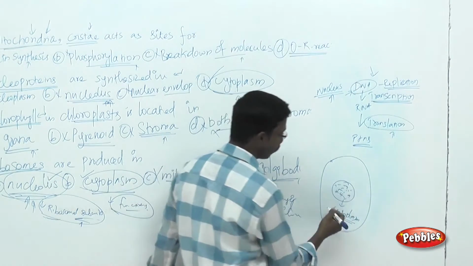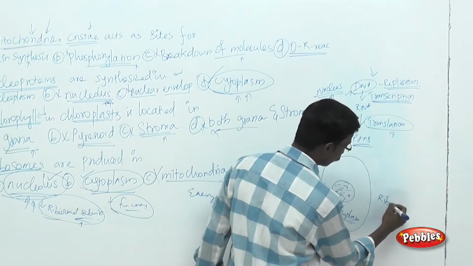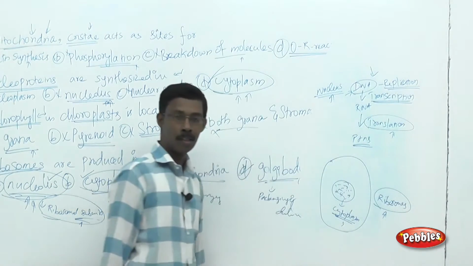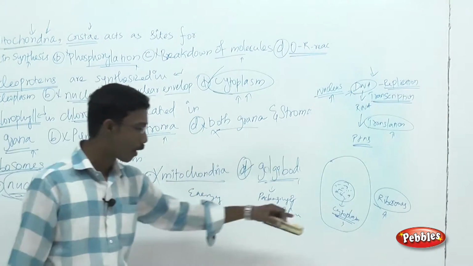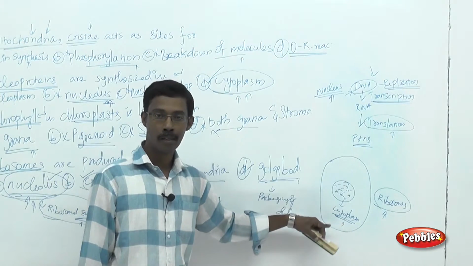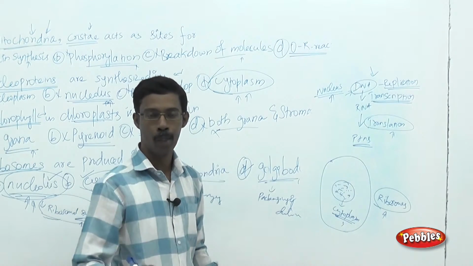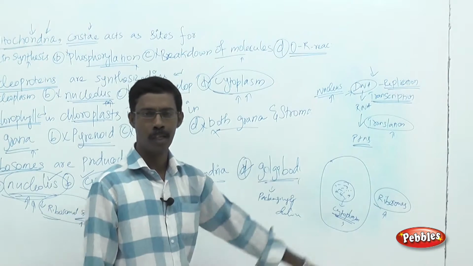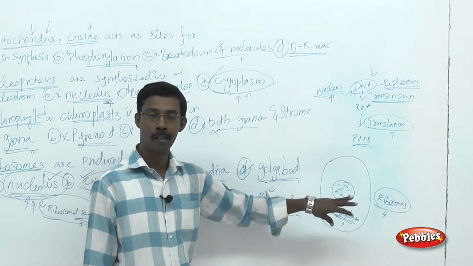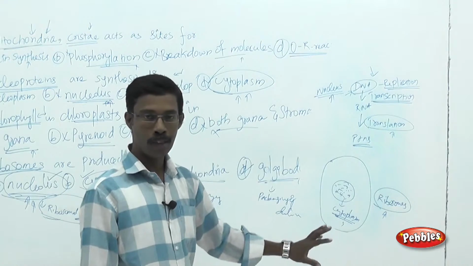In the cytoplasm, the ribosomes act as the site for protein synthesis. Along with the endoplasmic reticulum or the free ribosomes, they provide the site for protein synthesis.